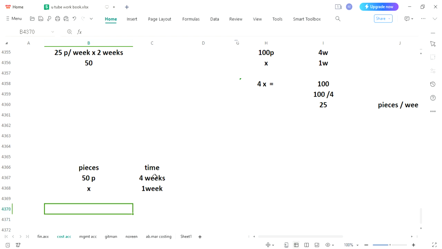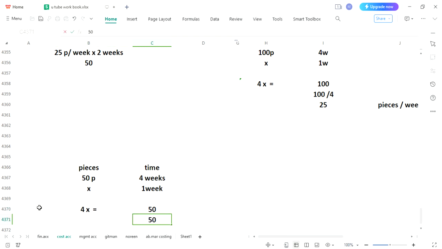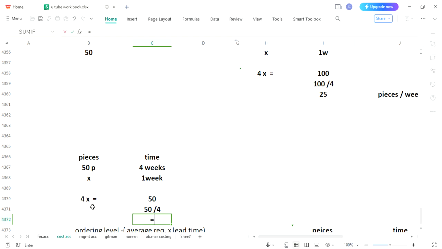X would be multiplied with 4, we will get 4x. And on opposite side, 1 would be multiplied with 50, we will get 50. 50 is already present over here. And you want to take this 4 to the opposite side. Here it is multiplied. On opposite side, it would be divided.